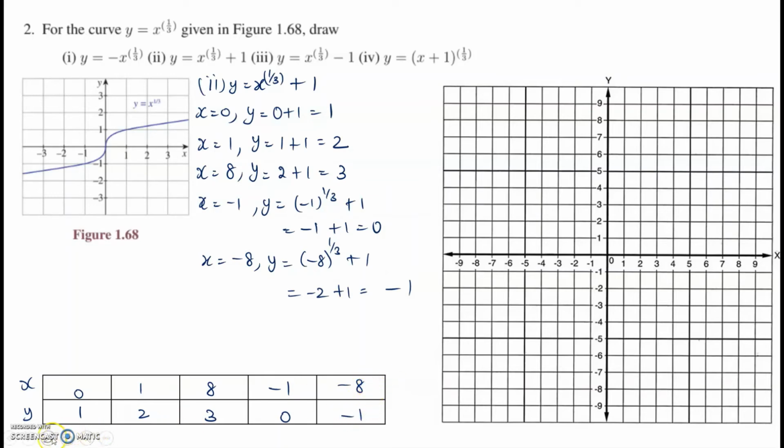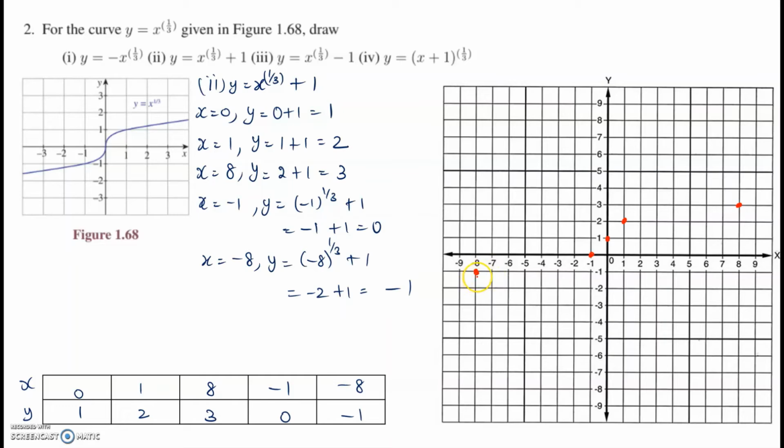So let's plot the points. You have 0 and 1, then 1 and 2, then 8 and 3, then minus 1 and 0, then minus 8 and minus 1.